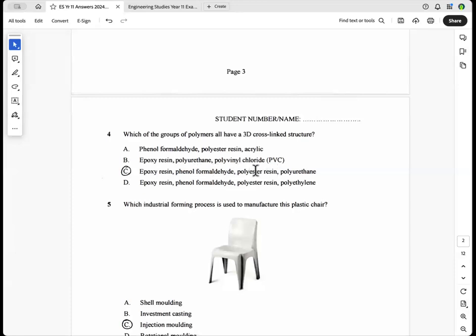Polyester resin, you've got to mix the catalyst with that. And polyurethane is a thermoset. So you could sort of eliminate these because you can tell that polyethylene is a thermo-softening polymer. PVC is thermo-softening and acrylic is thermo-softening.